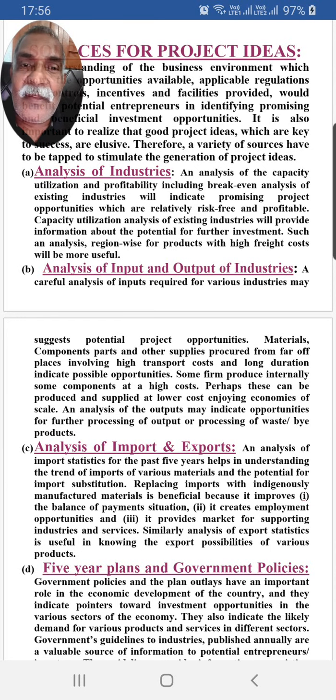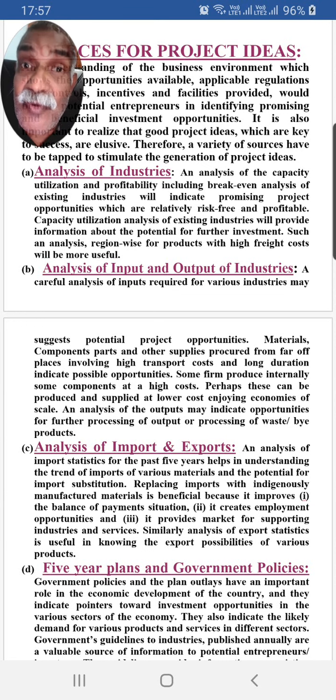So if the organization is producing some of the components inside the company at high cost, maybe that organization will get the same material at lower cost from other suppliers, then this will be good for your organization.